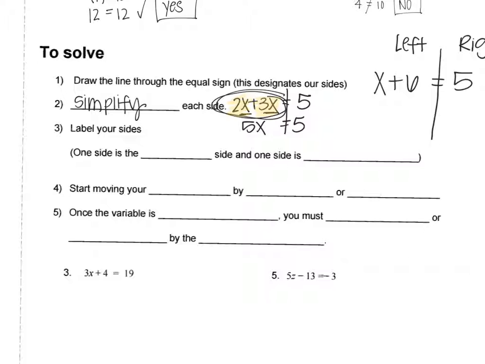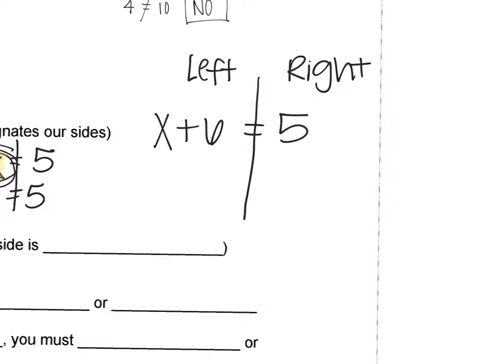Next is label your sides. So one side is going to be the variable side, and we just label it whatever the variable is. So like in this case, for the ones I've been doing, I've been having x as my variable. So like instead of writing left and right up here, I would write x.